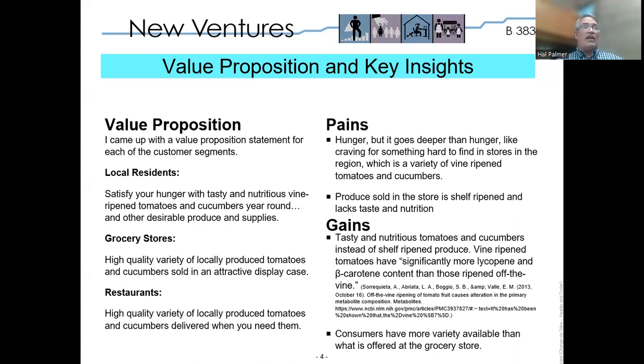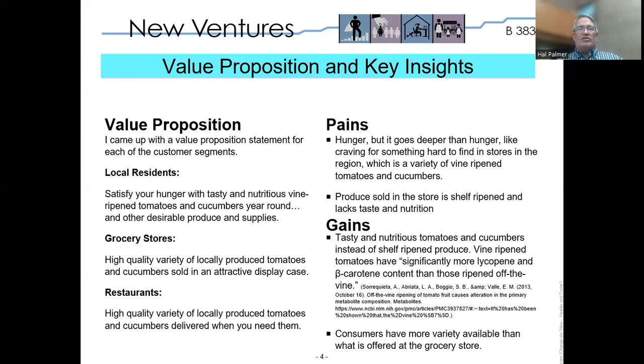There isn't a product like it, even though you can buy a tomato at the store and a cucumber at the store. If you have ever compared the two, have you grown a nice tomato right out of your garden and eaten it versus going to the grocery store and getting a tomato there, they're just different. So the gains are that it will provide a tasty, nutritious product for the consumer.